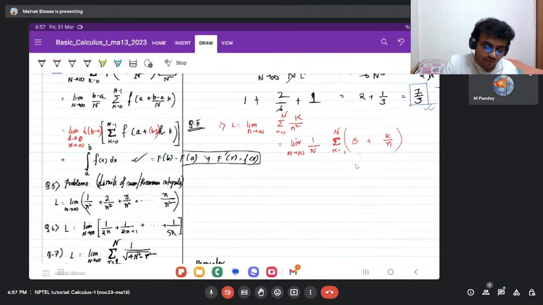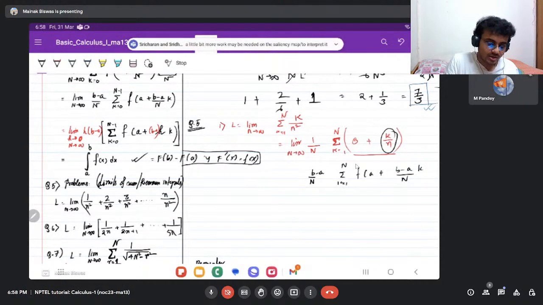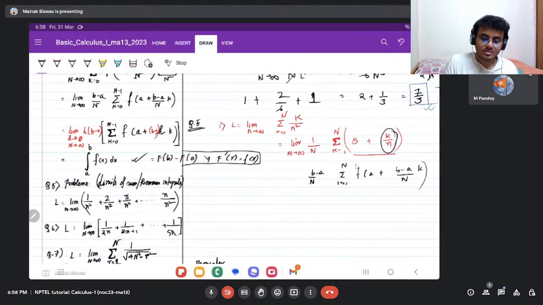So how will you define this as a function? This k by n can be written as x, right? Or, for making matters very simple, we will compare this with b minus a summation of k equal to 1 to n f of a plus b minus a by n into k, right? Agreed?